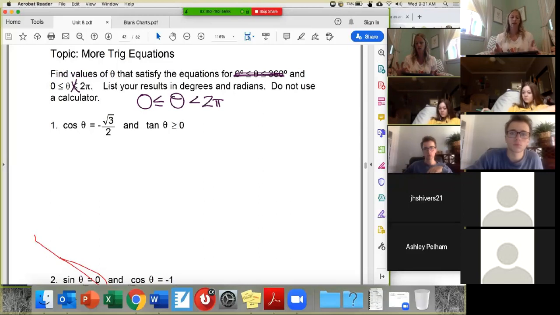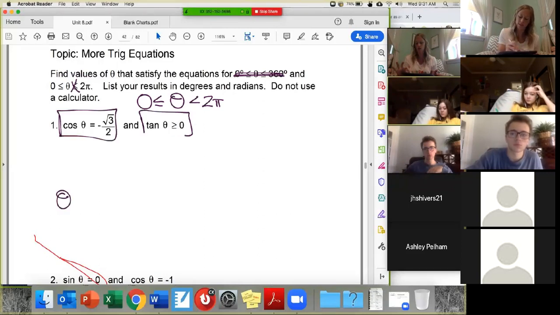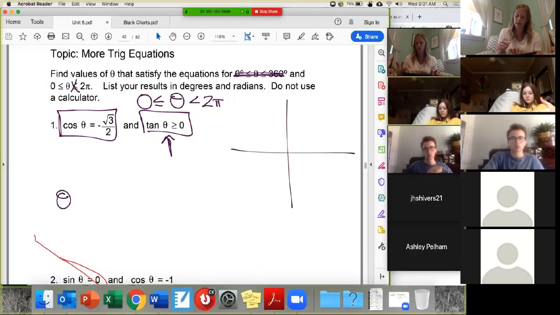So if I look at a question like number 1, I'm given 2 pieces of information. I want to know what my angle answers are for these 2 pieces of information. If I'm given something like tangent is greater than or equal to 0, that's where I start, because what this does is limit the quadrants I'm looking at. So what does it technically mean that tangent is greater than or equal to 0?